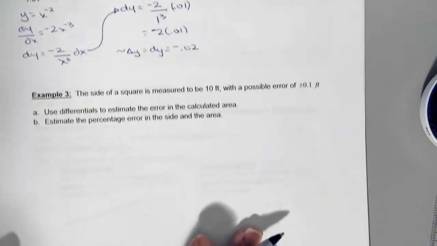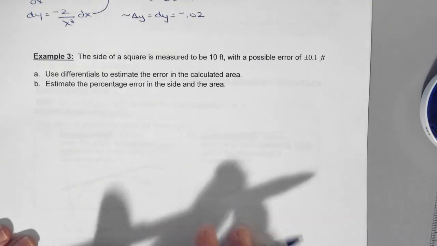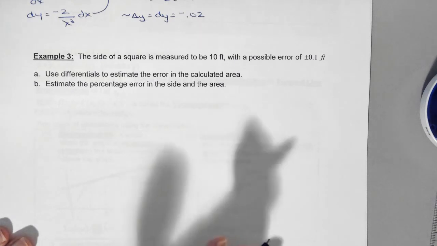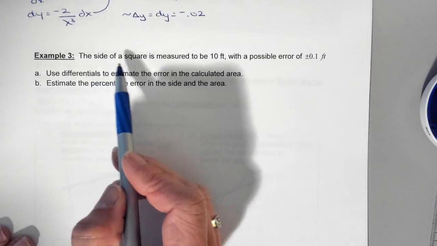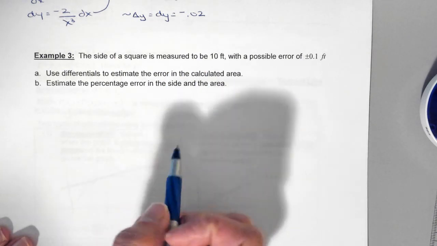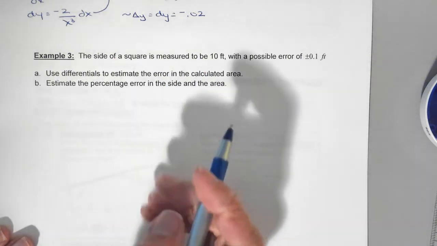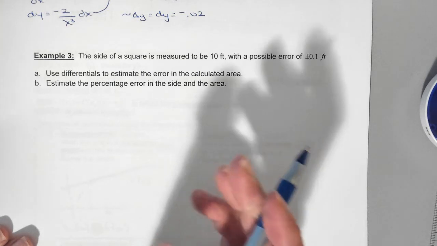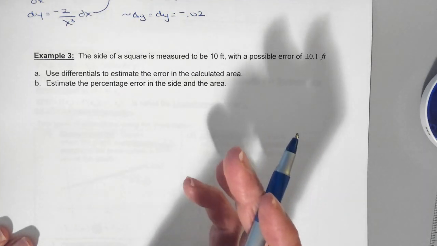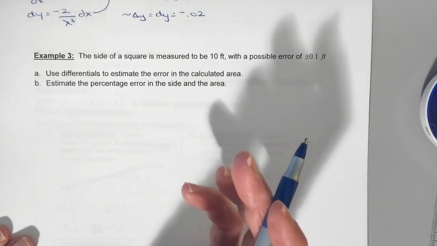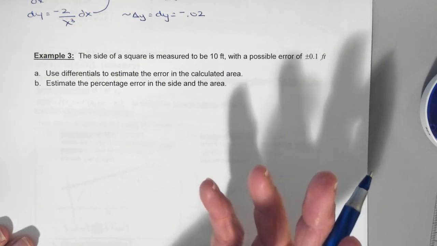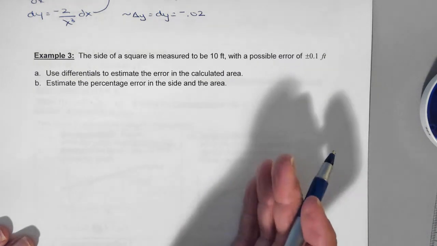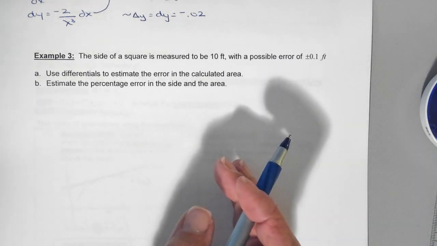This can also be applied to what would be considered close to related rates problems. Here we are given the information that the side of a square is measured to be 10 feet, but there's a possible error of plus or minus 0.1. What that means is, let's say these are wooden squares being stamped out in a factory. You would think that in a machine, given a program, they're going to be exact, but things happen, right?